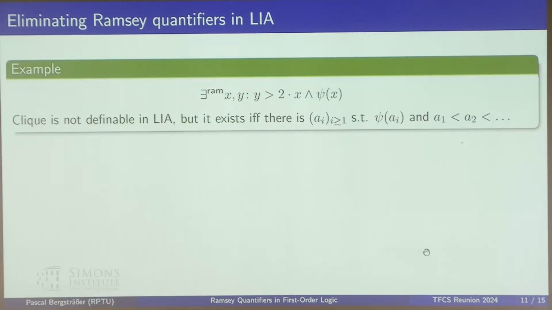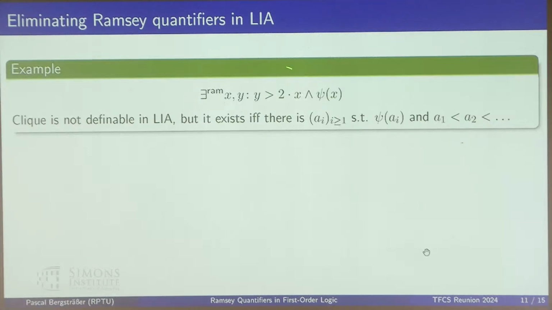But what we do is, instead of defining the clique itself, we define a condition that holds if and only if the clique exists. So in this example, you can come up with a condition, okay, I want an infinite sequence such that psi of ai holds, so this additional condition holds, and it's just strictly increasing. So here note, okay, this is not an infinite clique here.